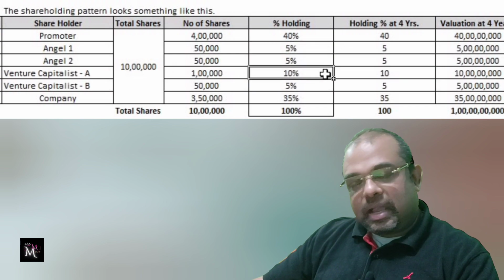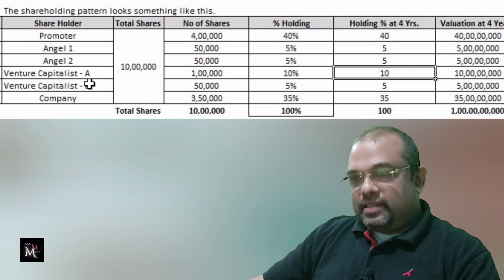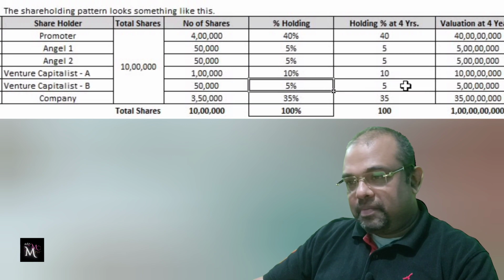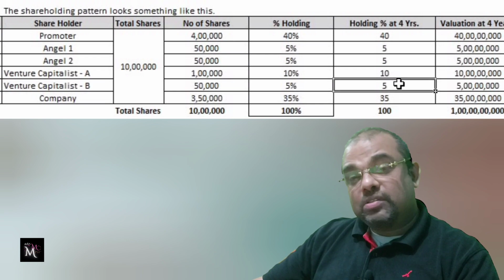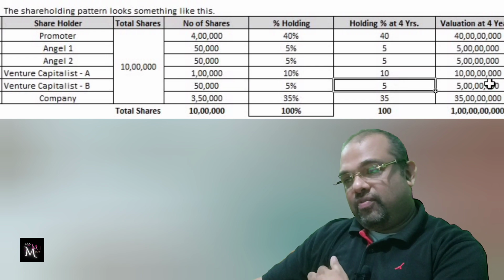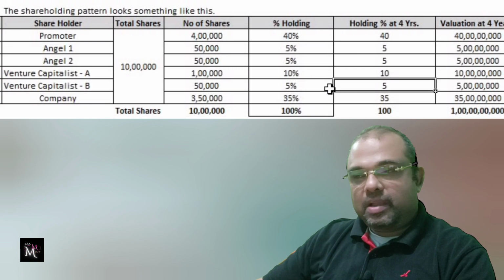Remember, the first venture capitalist took 10% share of the company. The second venture capitalist has just come in now. He says he'll put in 5 crores and he'll take 5% of the company. Because the company has grown big, the amount of 5 crores could just fetch him 5% share of the company.